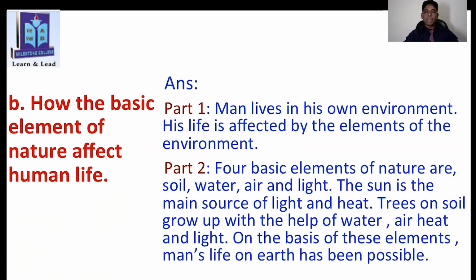The sun is the main source of light and heat. Trees on soil grow up with the help of water, air, heat, and light. On the base of these elements, man's life on earth has been possible. So you have to read it.